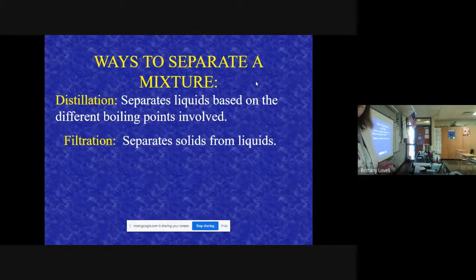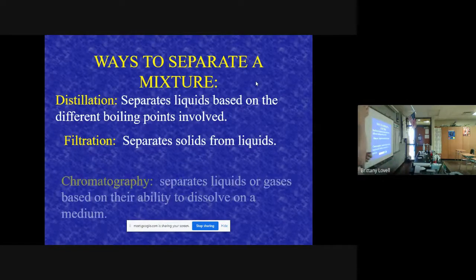And then finally, chromatography separates liquids or gases based on their ability to dissolve in a medium.